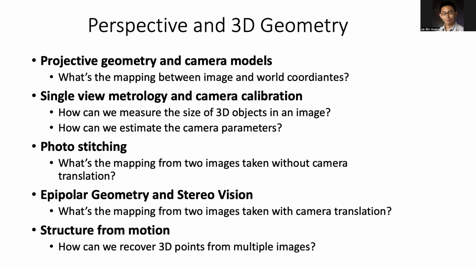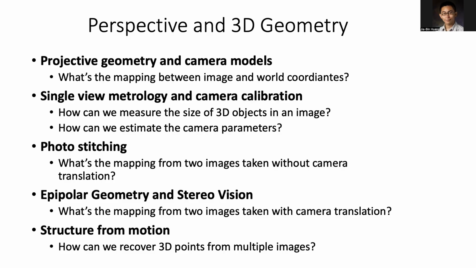Basically, I give you multiple photos, and how do I estimate where the camera is and what is the three-dimensional structure of the scene? This has a lot of applications in robotics, in architecture, like preservation and monitoring of structures, buildings, and so on. So this is what we're going to do in module 3.